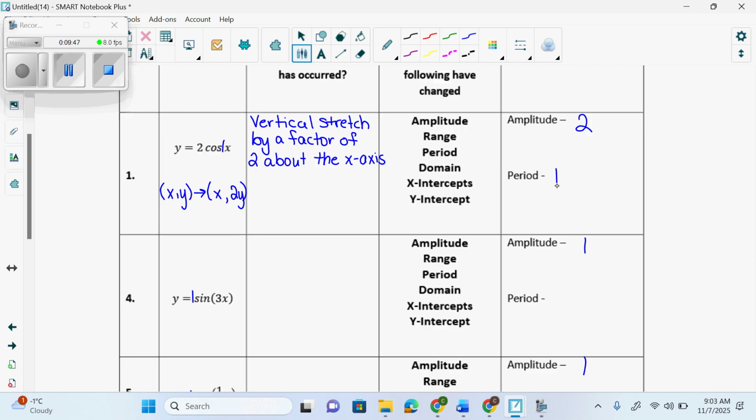What is the period if it hasn't been changed? 360 or 2 pi. I stretched it by 1, which means I multiplied by 1, which does absolutely nothing. So what is the period actually? 360 degrees or 2 pi.